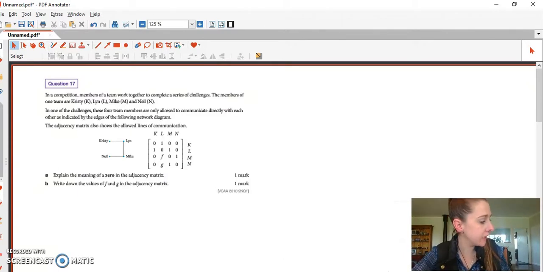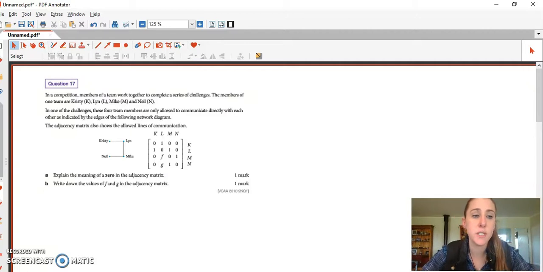Particularly question 16: to determine the number of faces, you're going to have to redraw that graph. Again, when you're taking a map and drawing it into a graph, be sure that you are including all of the ways to get from one vertex to another, or one town from another. Just those little tips and tricks that might be where you're falling down.